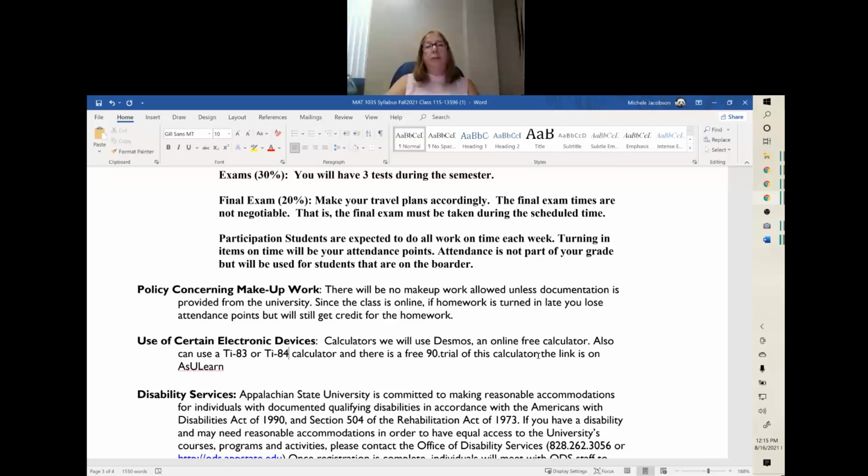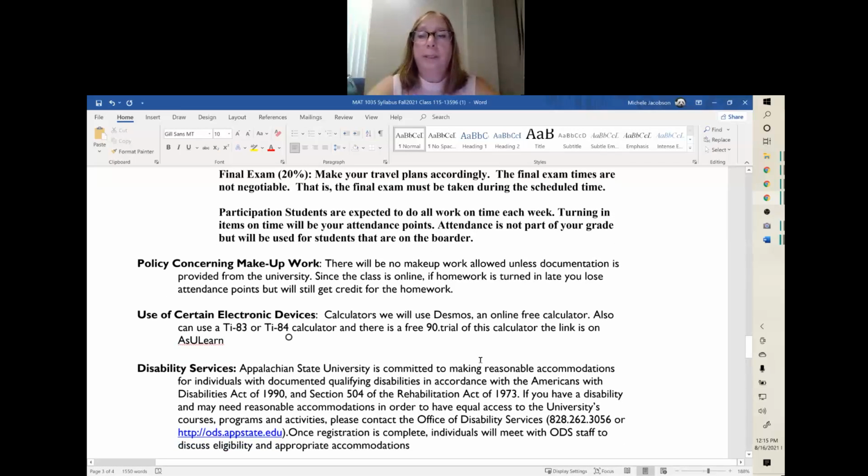So when that time comes, if you don't want to spend money on this calculator, you can get the download for 90 days. I'll figure it out so that it will take you from when we start till the end of the semester. It is a really nice calculator, but why spend $100 if you can use it for free?